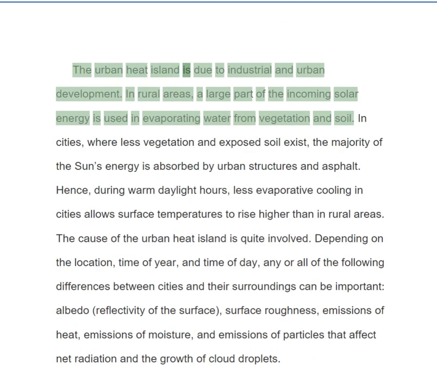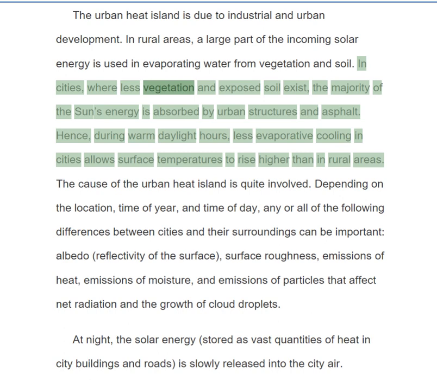The urban heat island is due to industrial and urban development. In rural areas, a large part of the incoming solar energy is used in evaporating water from vegetation and soil. In cities, where less vegetation and exposed soil exist, the majority of the sun's energy is absorbed by urban structures and asphalt.